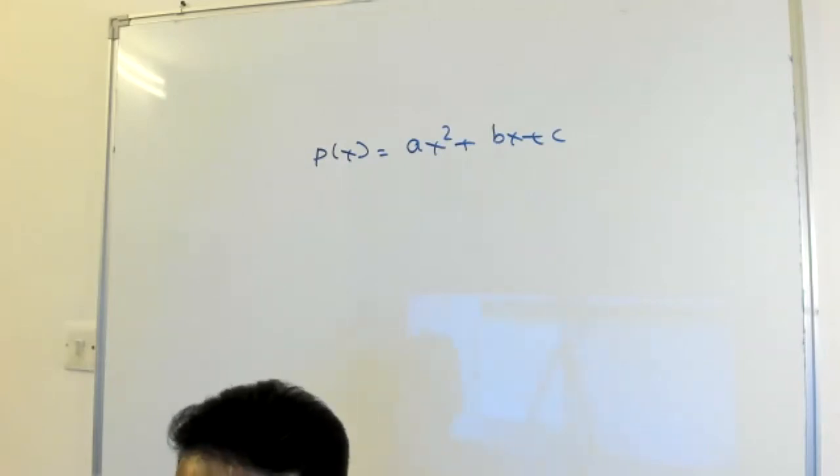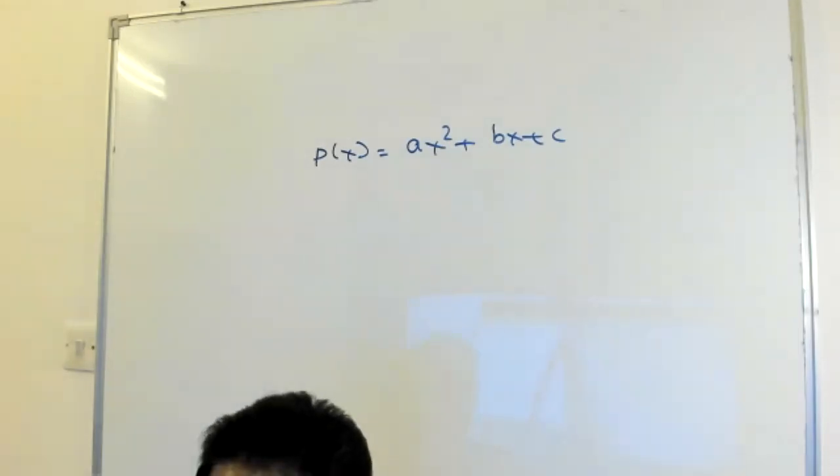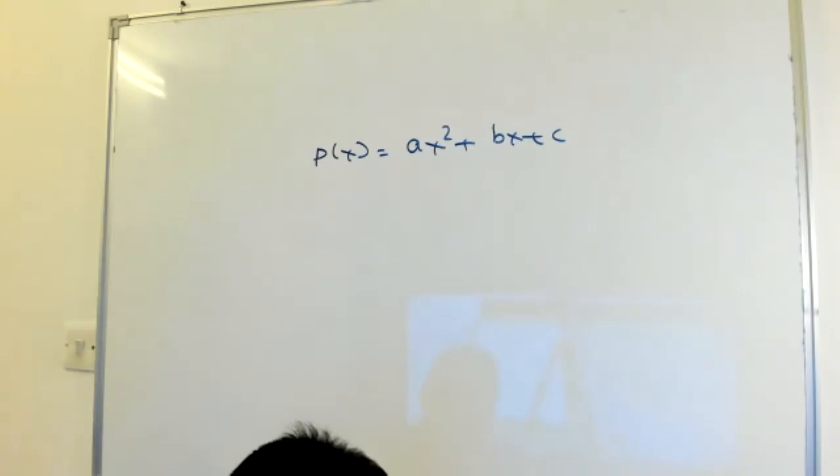Once again, find the condition that zeros of the polynomial p of x equal to ax square plus bx plus c are reciprocal of each other. Reciprocal means what?